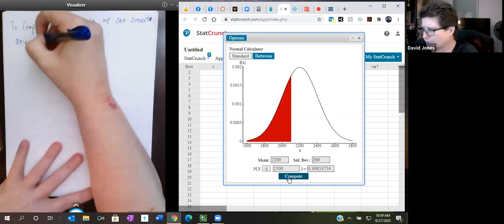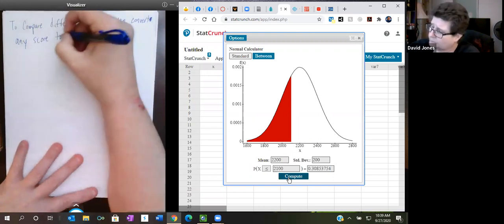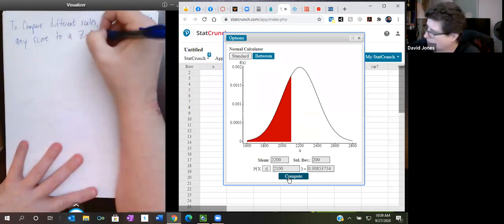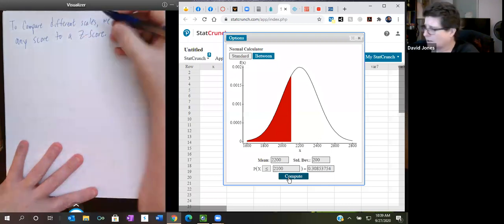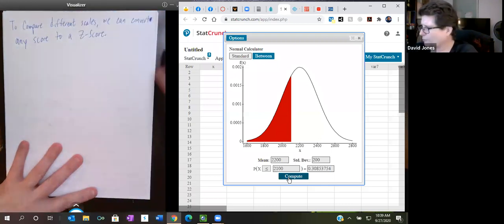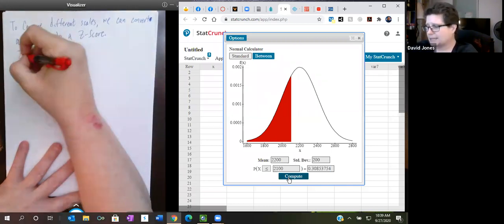Any score to a z-score. And the formula for it, it's based on z is the number of standard deviations away from the mean.